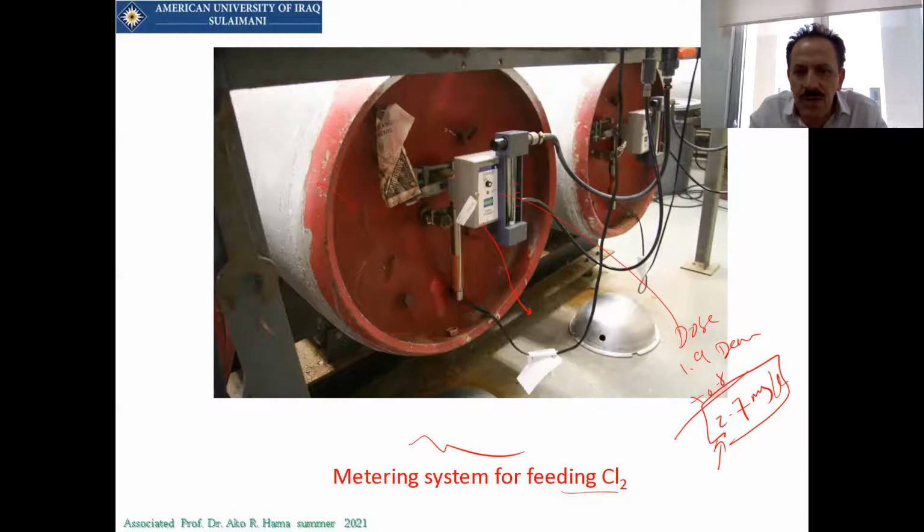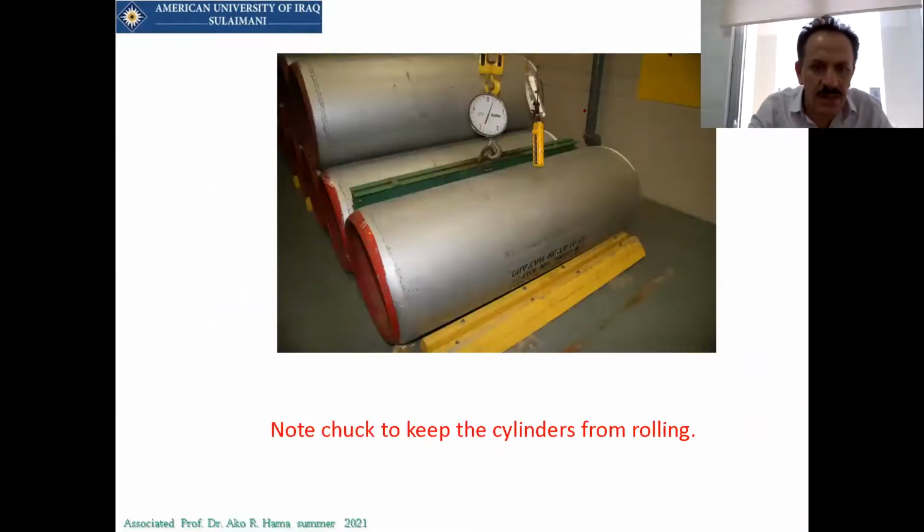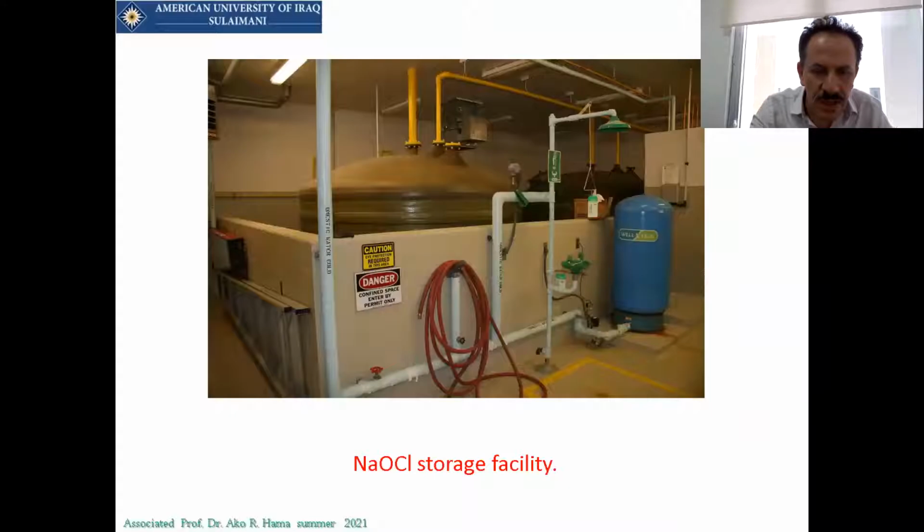They should be two because, look at this one and this one, in case one stops or is empty, you have to release, because the dosing must be continuous 24 hours. So in case one of them is empty, we close that valve and open this one and exchange very quickly with the other filled cylinder. This is the process of chlorination.